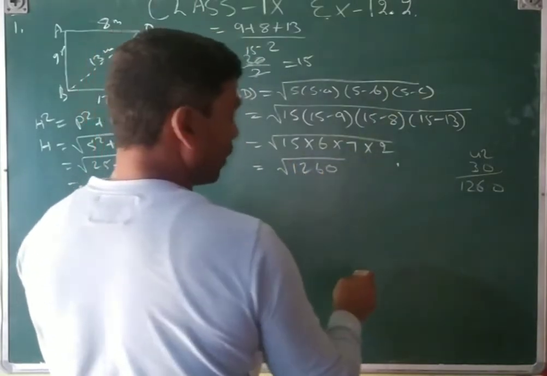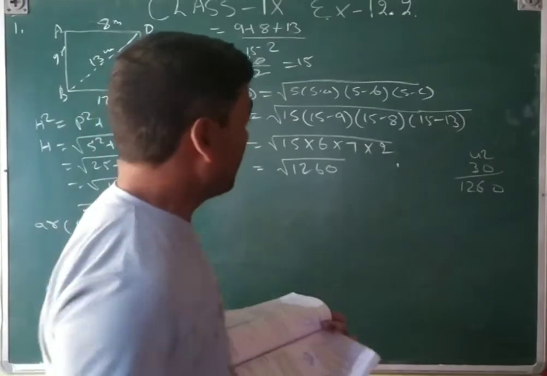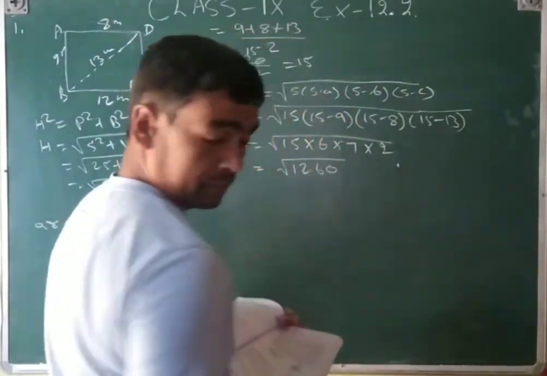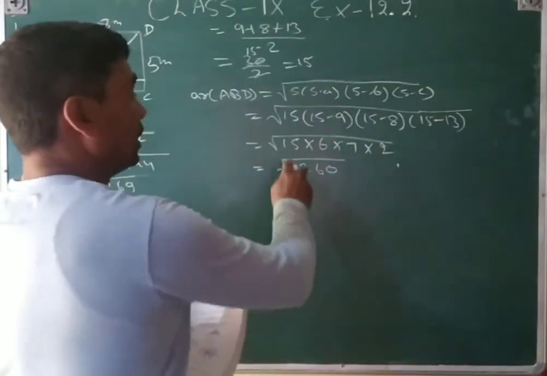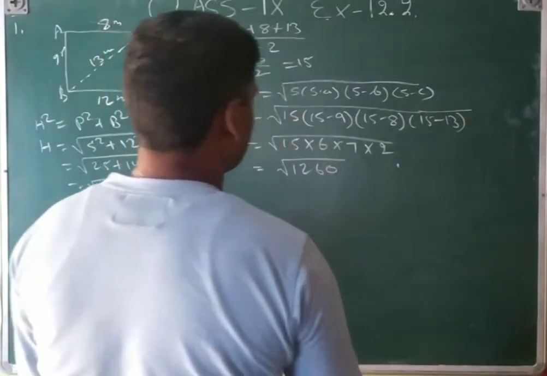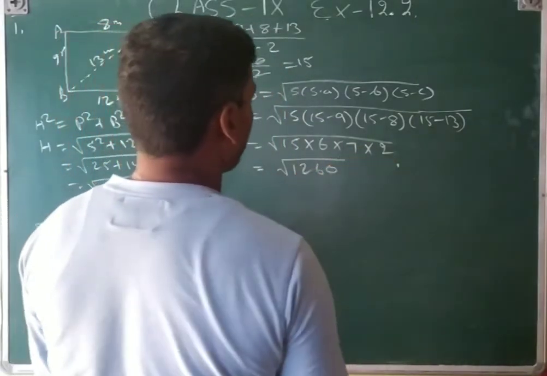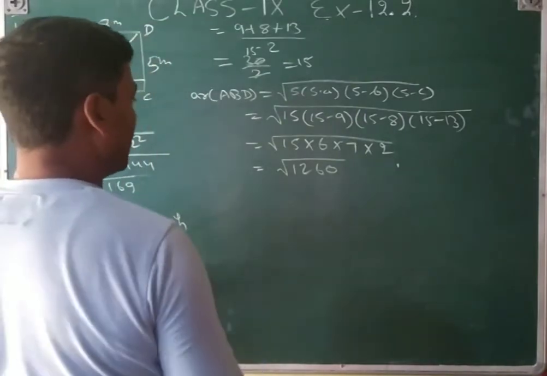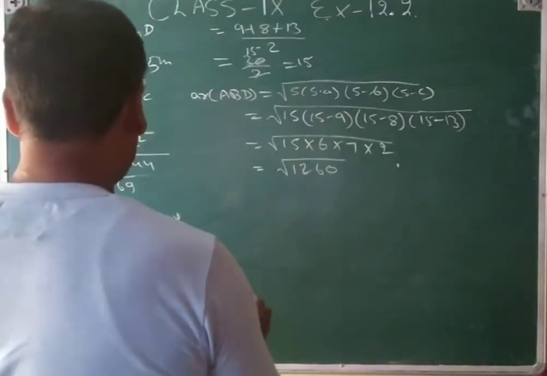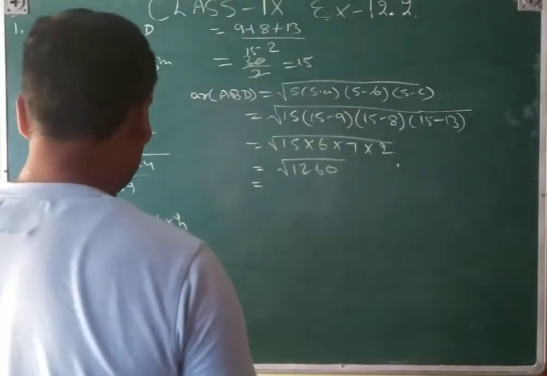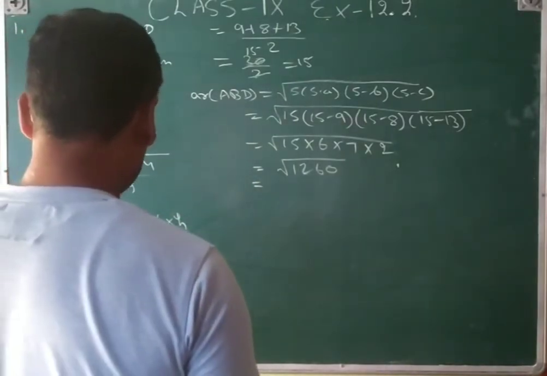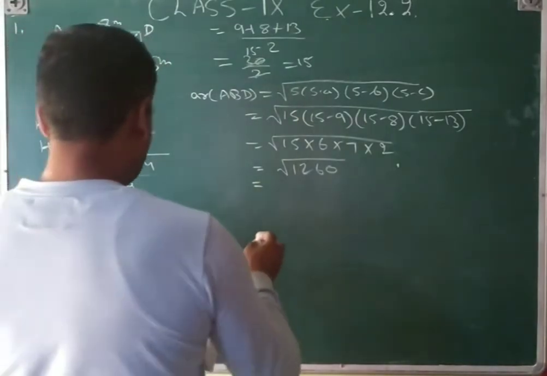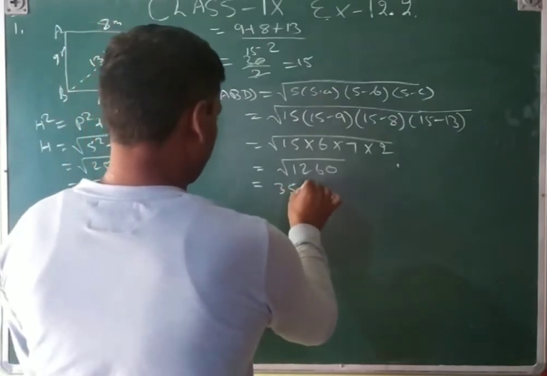Now you will see why I have multiplied all the factors: because this has not a pair of factors, it means not a complete factor is here. So I have multiplied that. Now we will find the square root of that one, that will be 35.5.